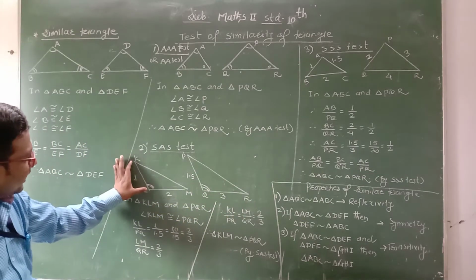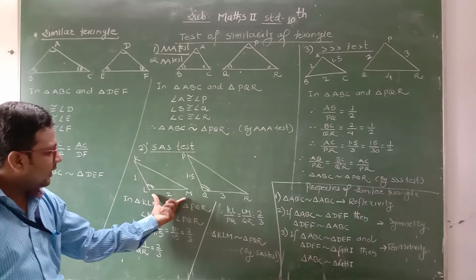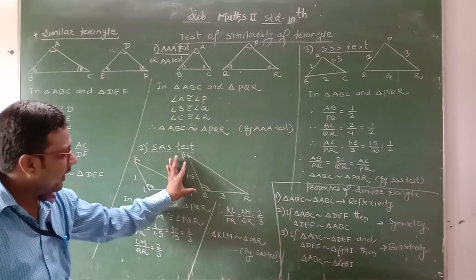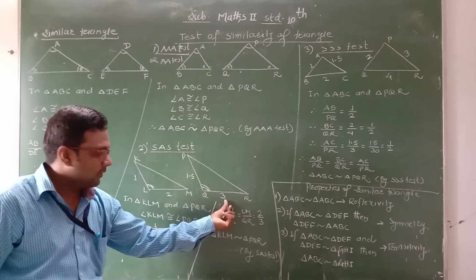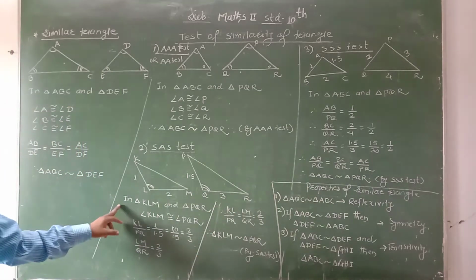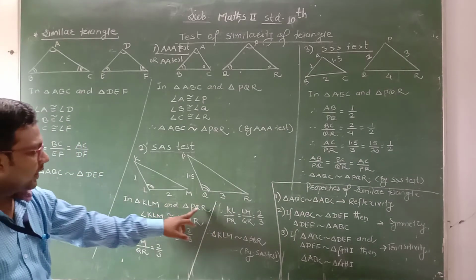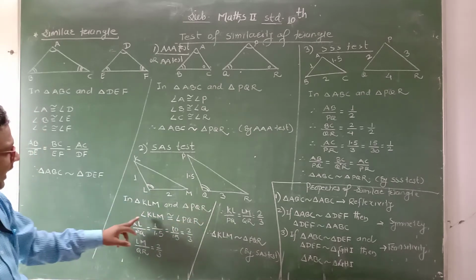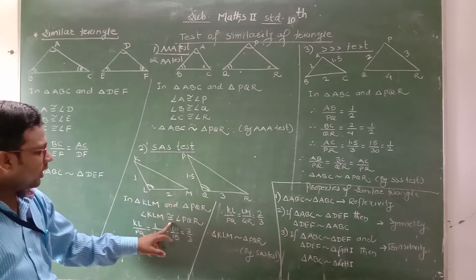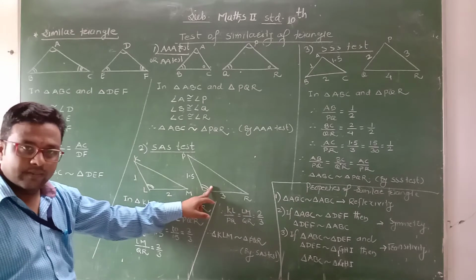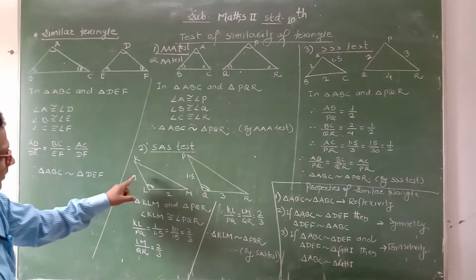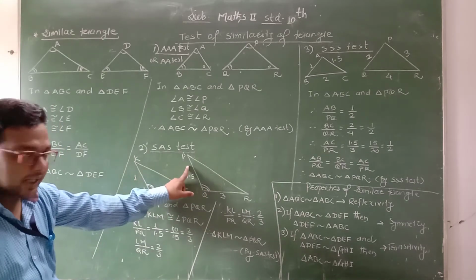Length of side KL is given 1, LM is given 2, PQ is 1.5 and QR is equal to what? 3. Now in triangle KLM and triangle PQR, angle KLM is congruent to angle PQR. This is given. Okay.